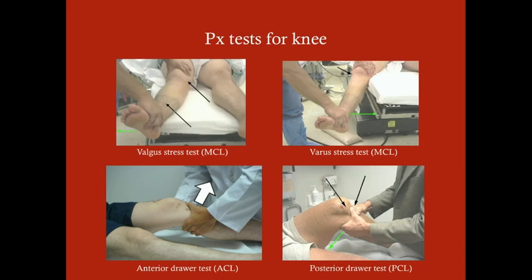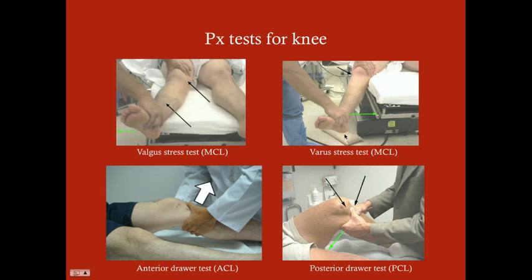It's very important to make sure you're stabilizing the knee. You don't want to be abducting at the hip; you want to be abducting at the knee. If it's a positive valgus test, you're going to have more valgus, abduction movement, compared to the normal leg.